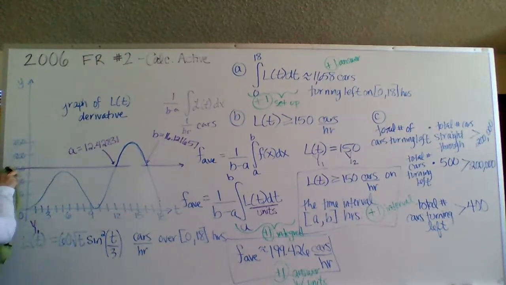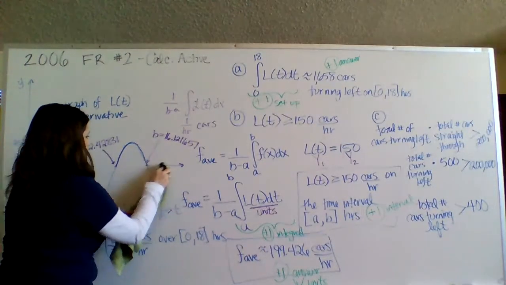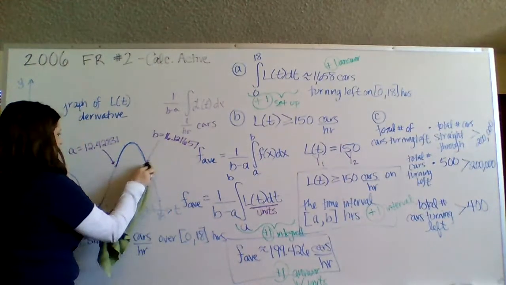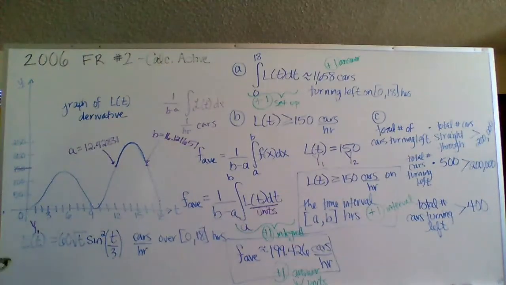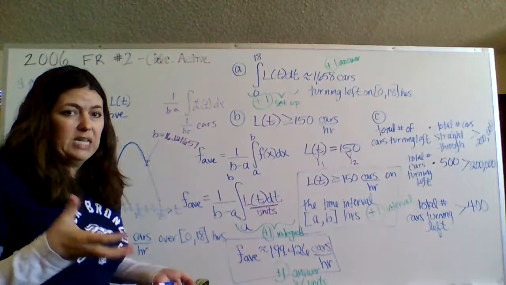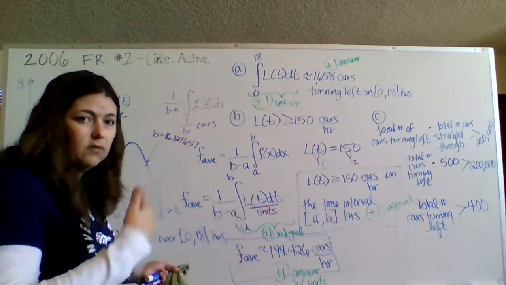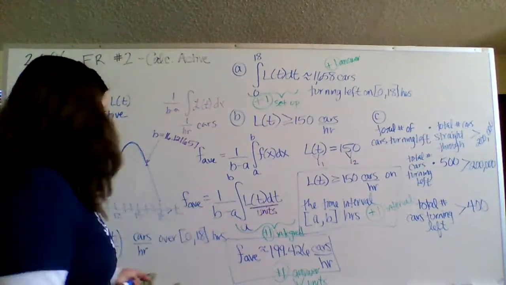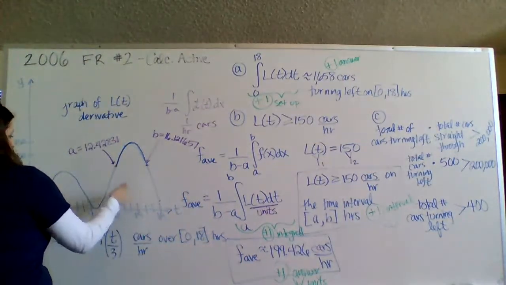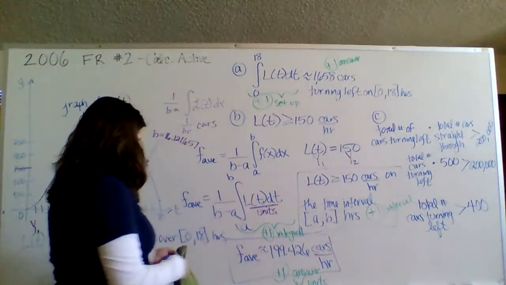So I'm going to go back and erase this a little bit, and just focus for a second on this graph and think, okay, if I want to know cars turning left, just cars, that would be integrating. If I have a graph, integrating is finding the accumulation of the area under the derivative graph. If I accumulate the cars per hour over a certain number of hours, then I just get cars, and I want to know where it's greater than 400.